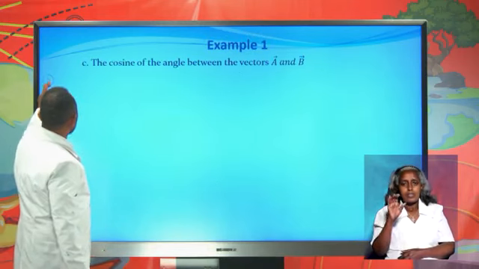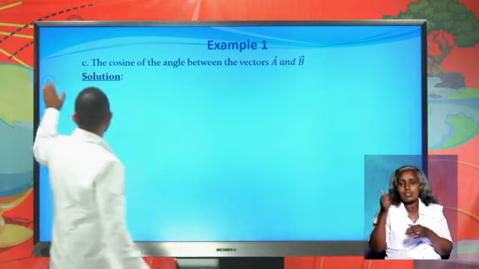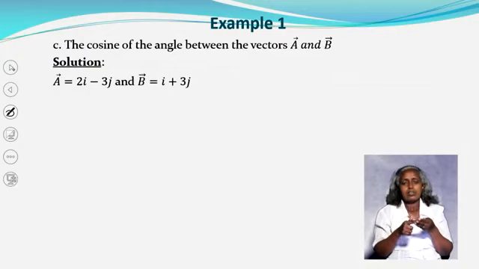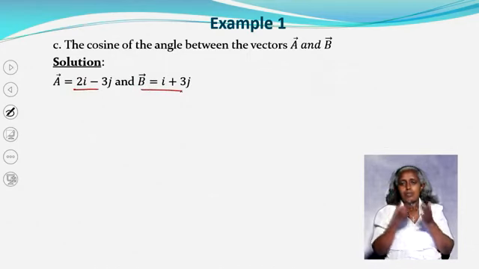Okay, C, we are asked to find the cosine of the angle between the vectors A and B. Vector A is 2i minus 3j and vector B is i plus 3j.